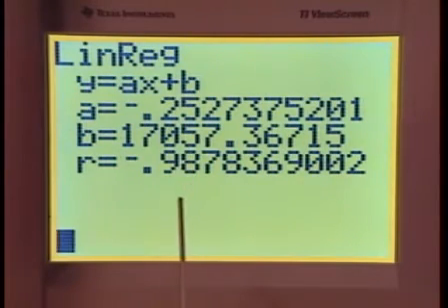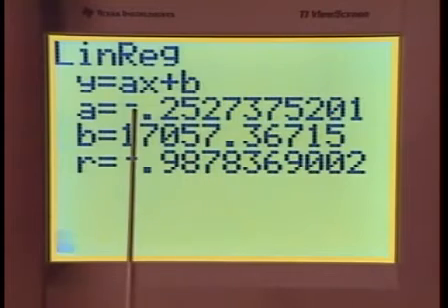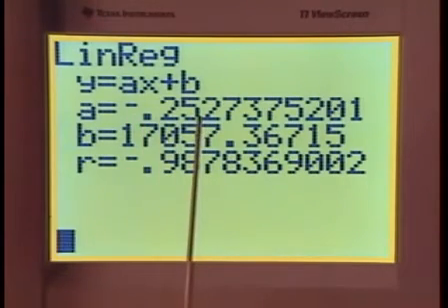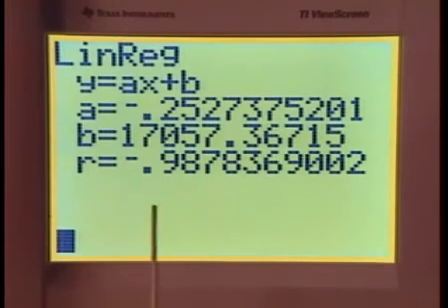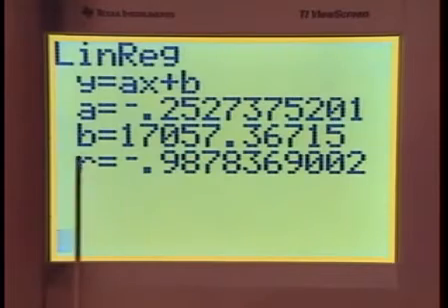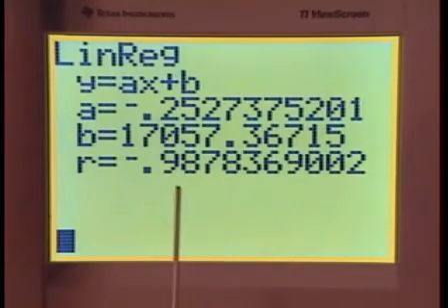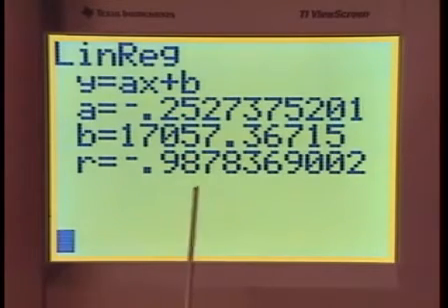There is our line. Y equals ax plus b is the general form. The slope is indeed negative, negative 0.2527, etc. The b is 17,057, and the regression correlation is minus 0.987. It's still relatively close to -1, so it's a very good fit. It's not as close as last time.